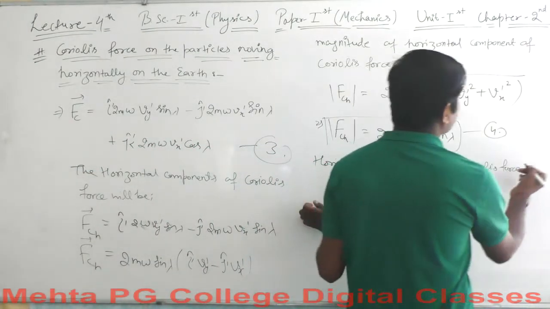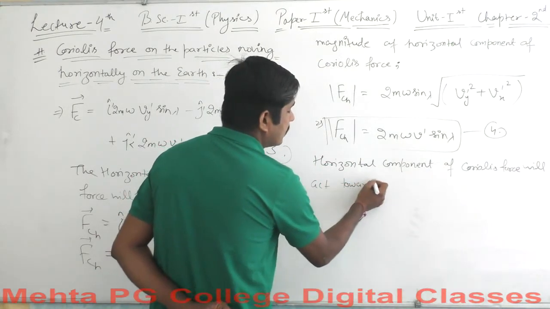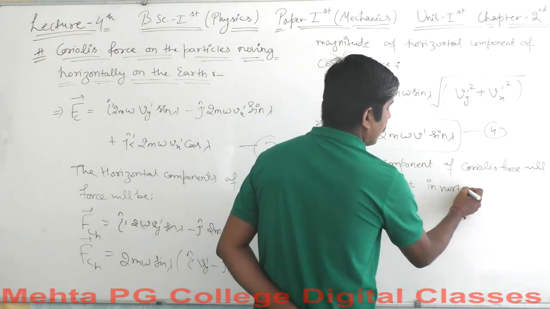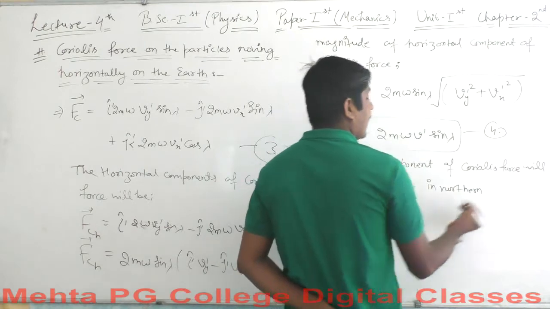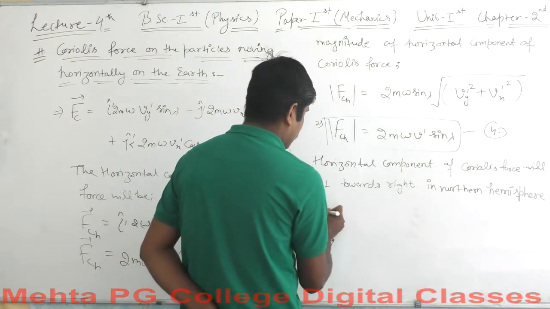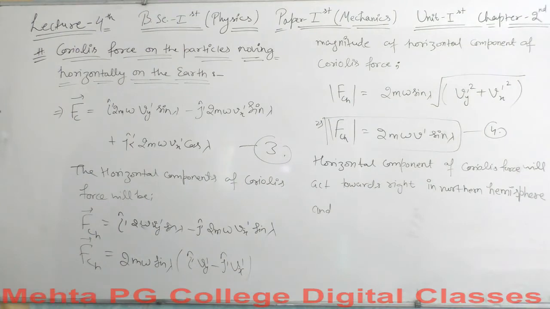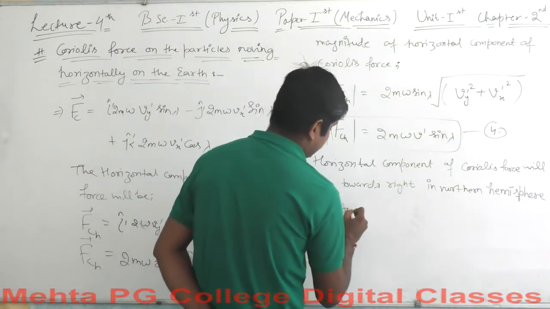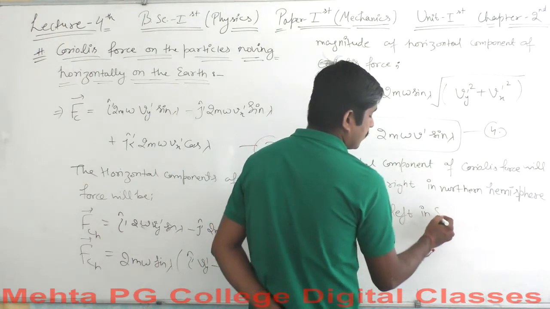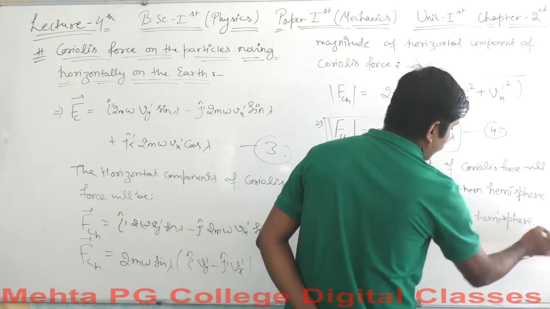So we can say that the horizontal component of Coriolis force acts towards right in the northern hemisphere and towards left in the southern hemisphere.